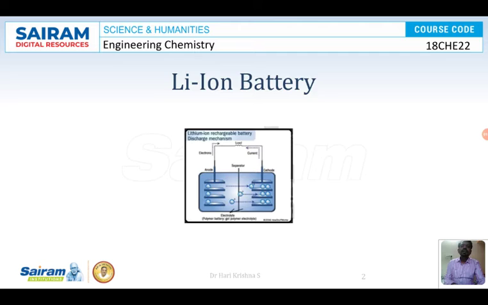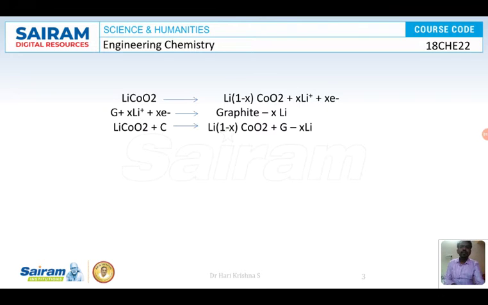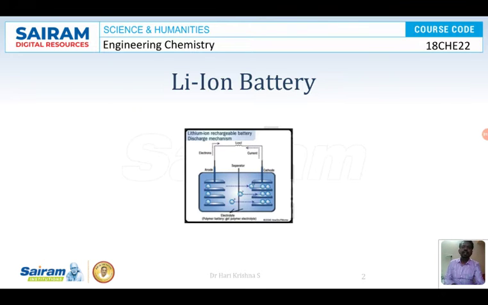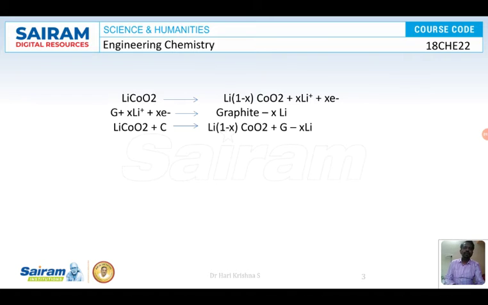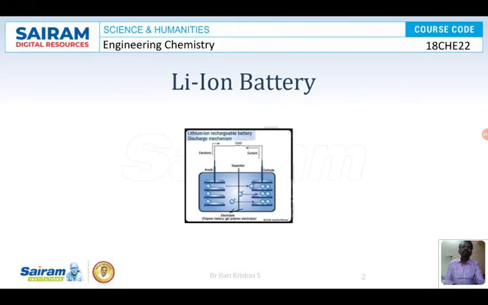So during the discharge process, lithium ions will enter into the graphite sheets. During the charging process, what will happen? Lithium ions will be liberated. Lithium ions will accept the electrons and go back to lithium. From the graphite, it will go back to the anode and get accumulated here. During discharge, lithium undergoes oxidation to give Li+ and electrons.